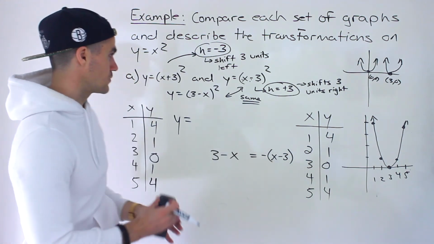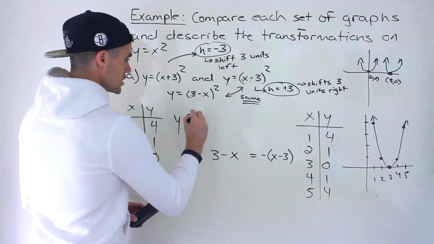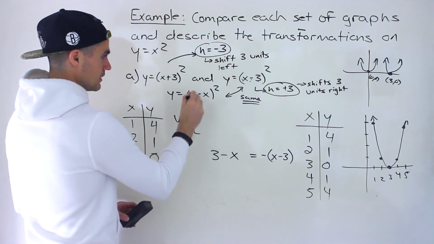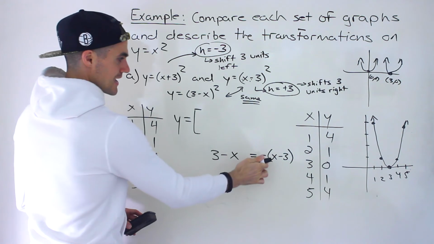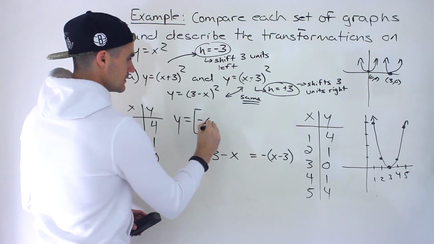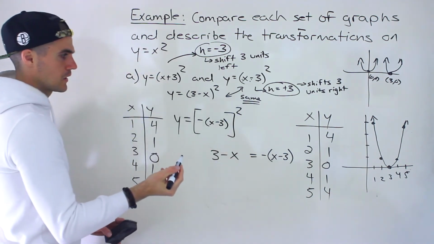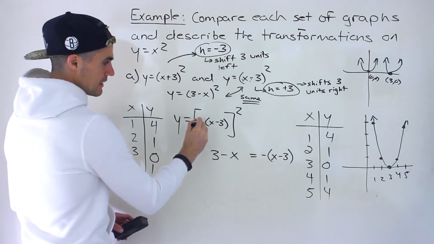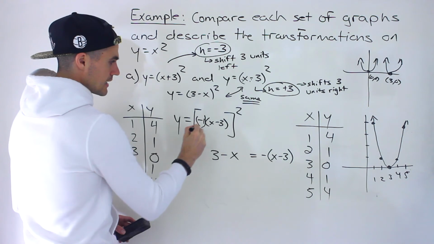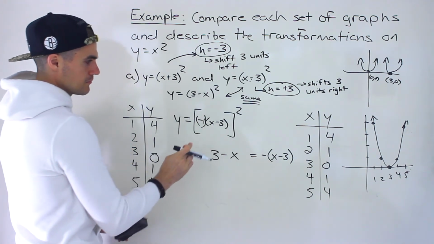So what I'm going to do is take this bracket here, the 3 minus x, and rewrite it as that instead. Because they're the exact same thing, we can do that. Now, there's like a negative 1 in front here, right? So that's like a negative 1. We're multiplying by this.